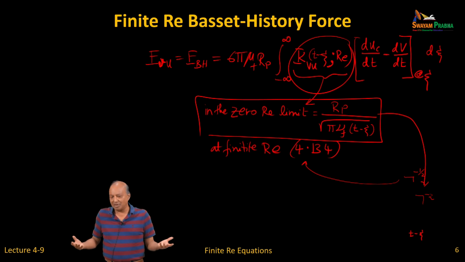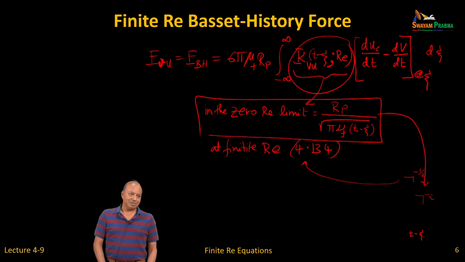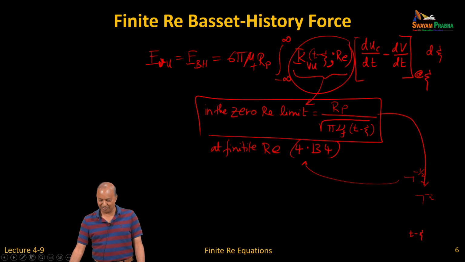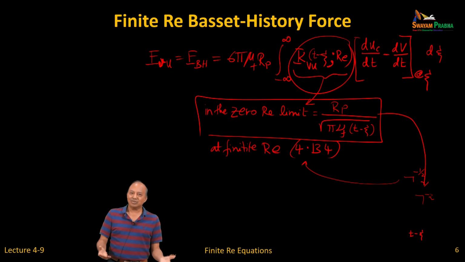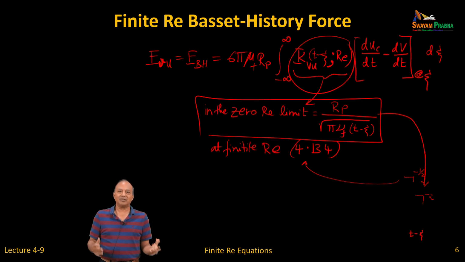At finite Reynolds number, you just have to do some CFD or experiments to get this coefficient, this kernel. Previously it used to be this, but now it changes. Look at equation 4.134 in the book. Those are empirical. Everything at finite Reynolds number means we will do empirical corrections.